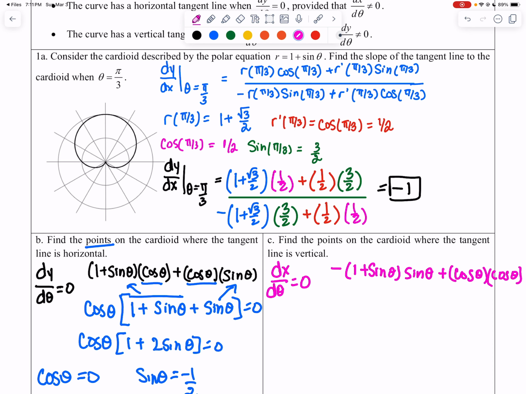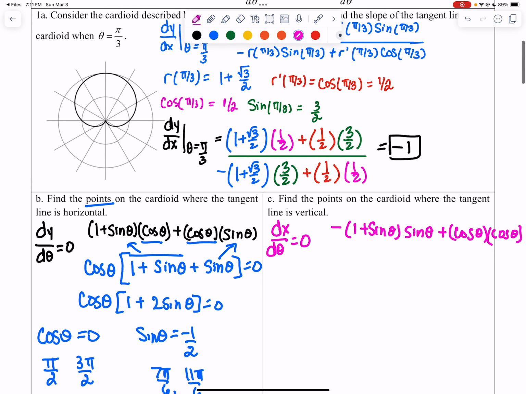If I simplify that, I'm going to get negative sine plus sine squared of theta plus cosine squared of theta is equal to 0.